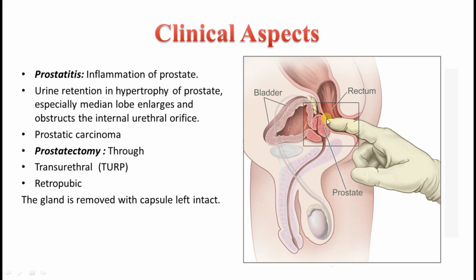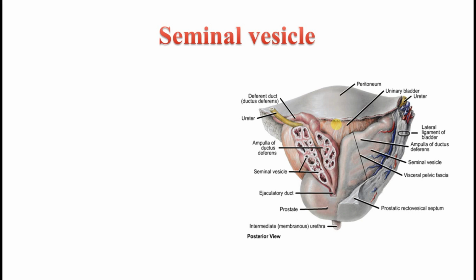You can palpate the posterior part of the prostate, the median lobe, whether it is enlarged or not, and of course the seminal vesicles, vas deferens, posterior part of the prostate gland and perineal body. All those things can be palpated through per rectal examination of the prostate.